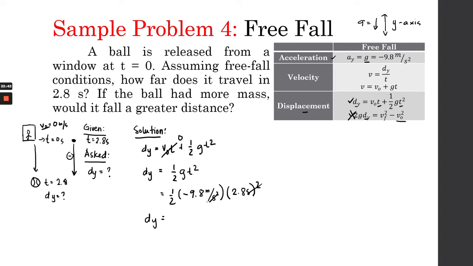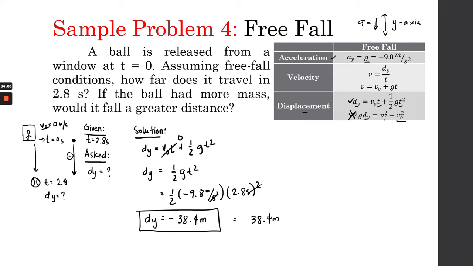Plugging this into your calculator, we will get negative 38.4 meters.